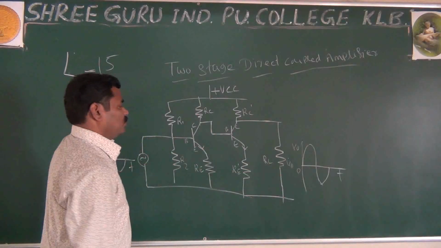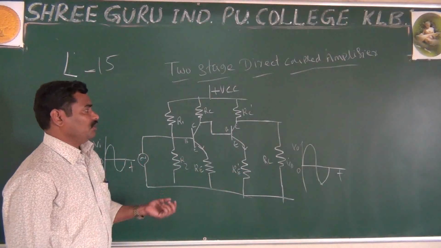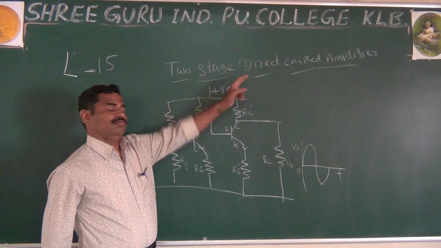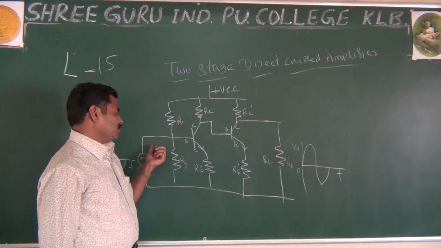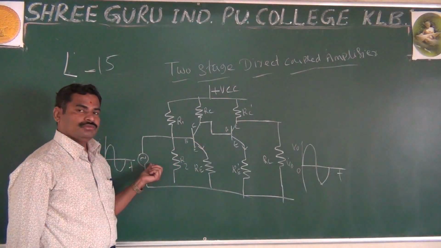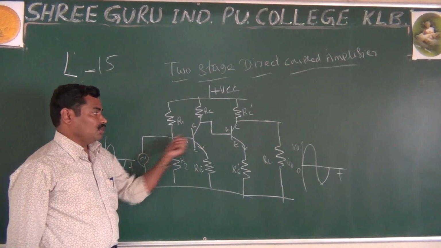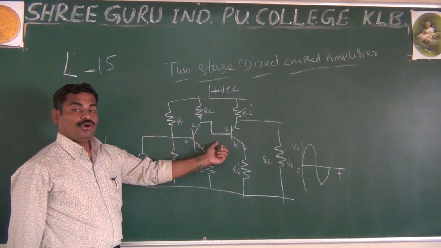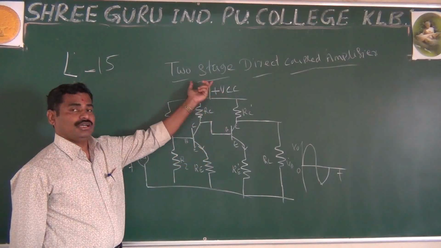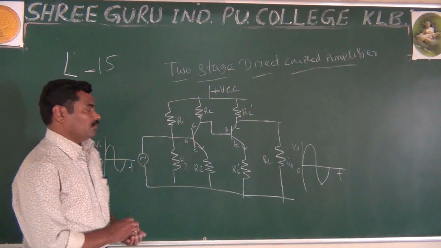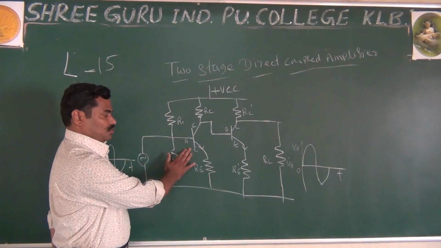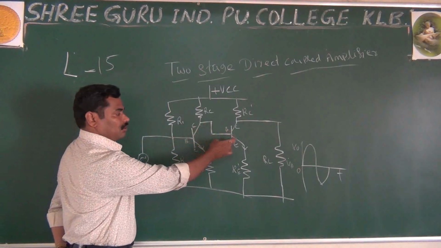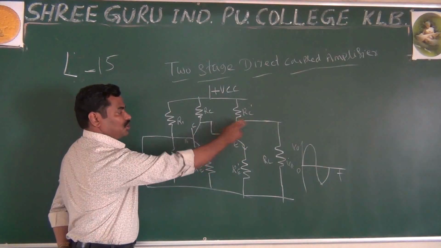Look here, one important thing. Why is it called direct coupled? Here in the input you are not using any capacitor, and in the output you are not using any capacitor either. It is called direct coupled because the output of the first stage is directly connected to the input of the second stage.